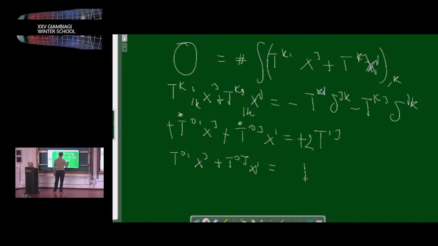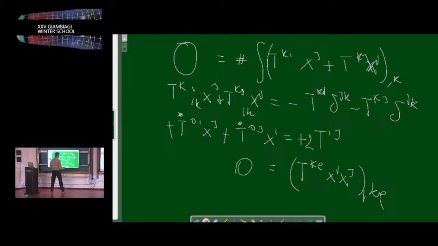Well, now you know the trick. Have you learned the trick now? So I say that Tkl xi xj, comma kl has to be equal to 0. Or let's derive only once.